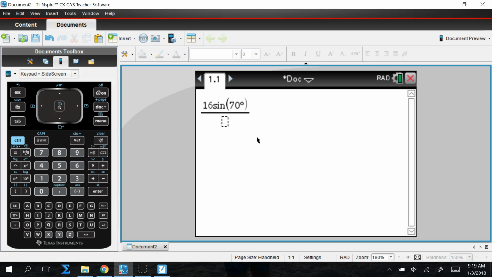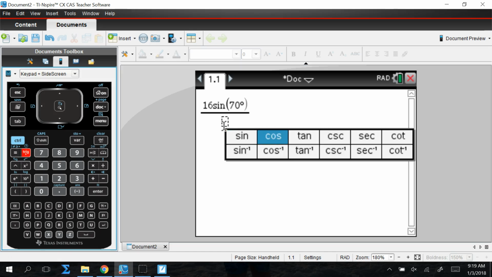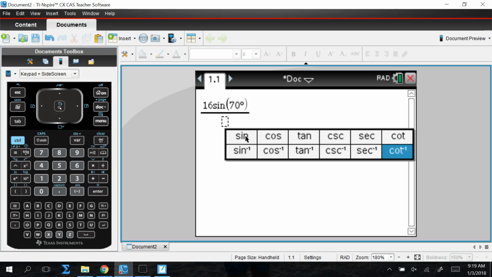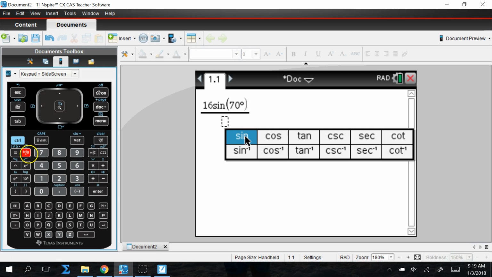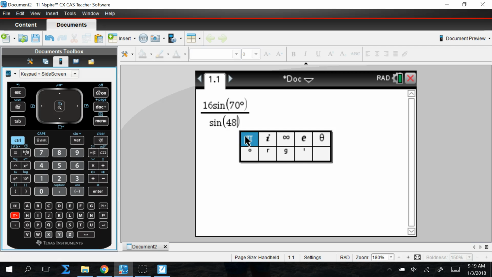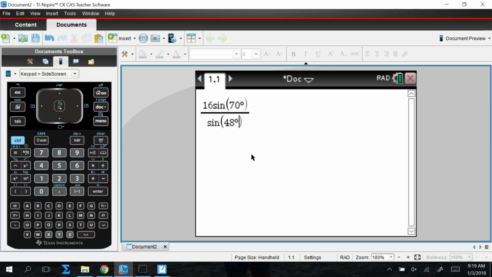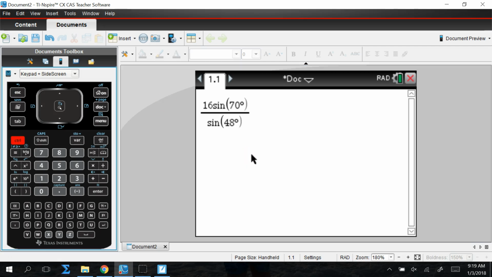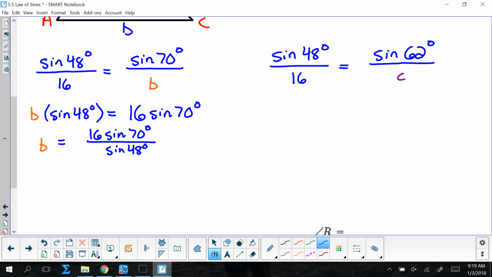Yours might be in degrees, so you might not have to do that step. And that's divided by the sine of 48 degrees, and that equals 20.2317. What do you want us to round this to? We'll talk about that in a minute.